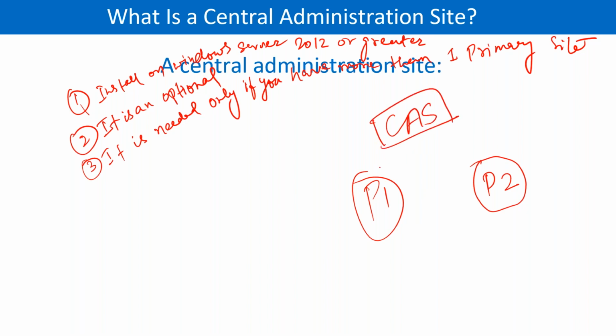So it will be sitting on the top of the hierarchy, and primary will report to central administration site like this. So top, central, then primary. Understood? Any question? So it is needed only if you have more than one primary site.